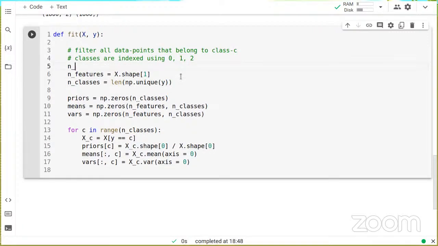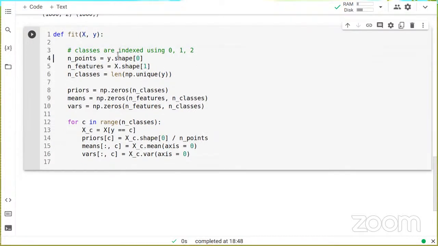So what I will do is make this a variable, number of points in the data set, and call it y dot shape of 0. So you have this many total data points with these many features and these many classes, right? This comment is inappropriate here.